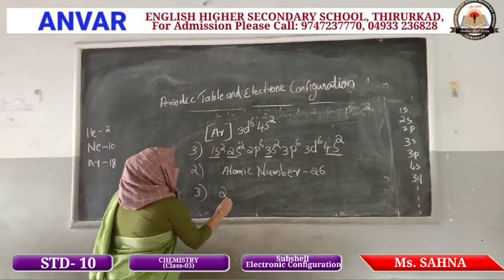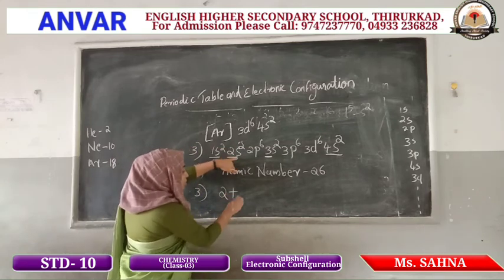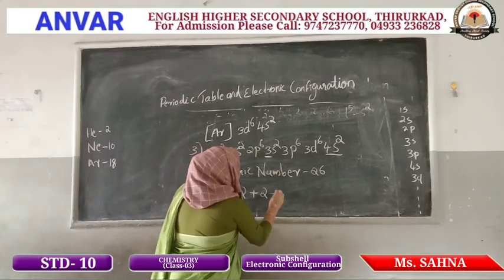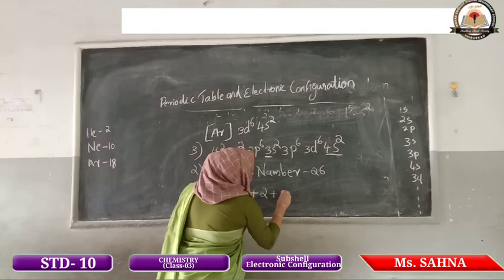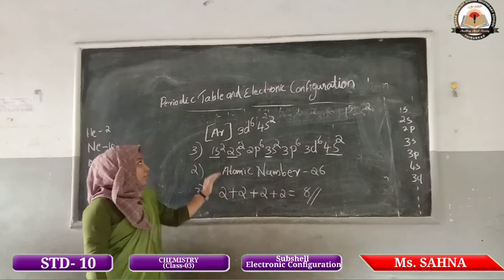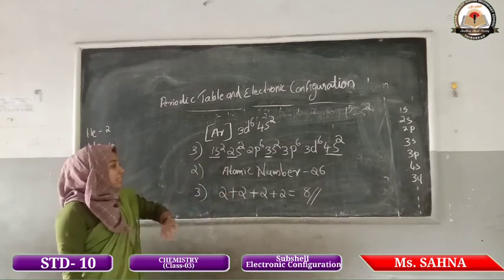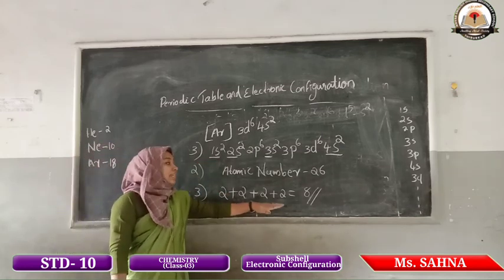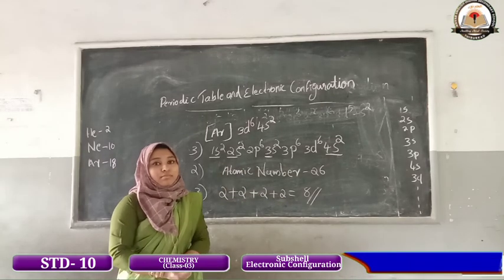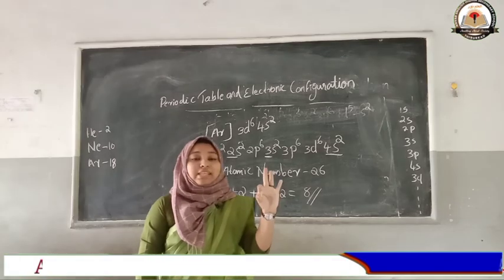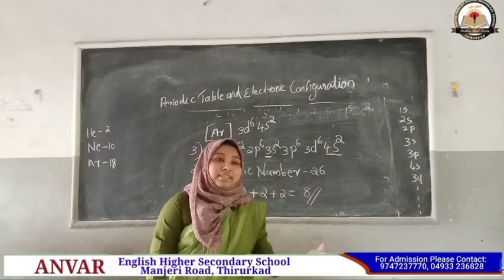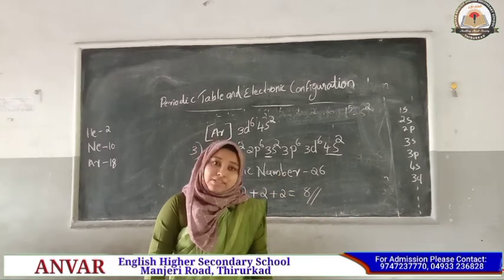How many electrons? 1s has 2 electrons, plus 2s 2 electrons, plus 3s 2 electrons, plus 4s contains 2 electrons, total 8 electrons. The total number of electrons present in the s subshell is 8. All of you understand; these 3 questions are very important. I think all of you understood this topic. Okay, that's all for today. Thank you.